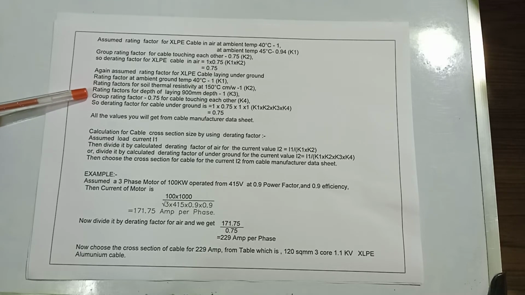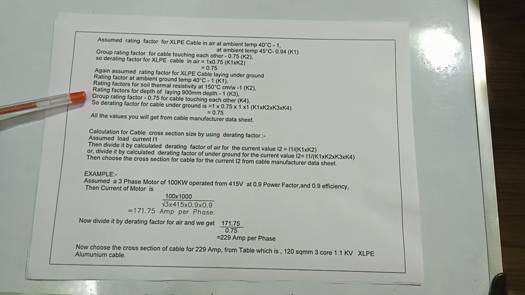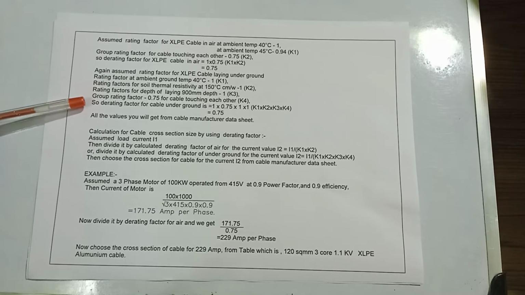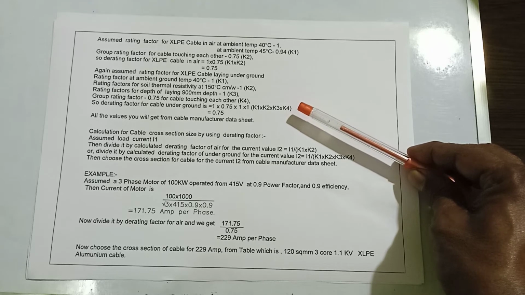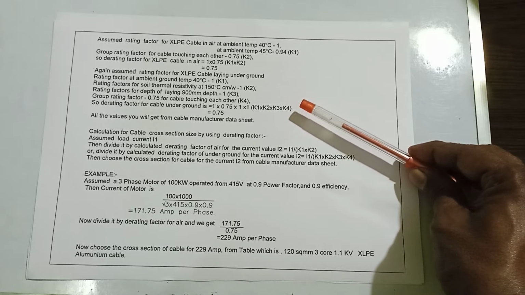Rating factor for depth of laying 900 mm is 1, which is K3. Group rating factor is 0.75 for cables touching each other, which is K4. So derating factor for cable underground is 1 into 0.75 into 1 into 1, that is K1 into K2 into K3 into K4, equal to 0.75.